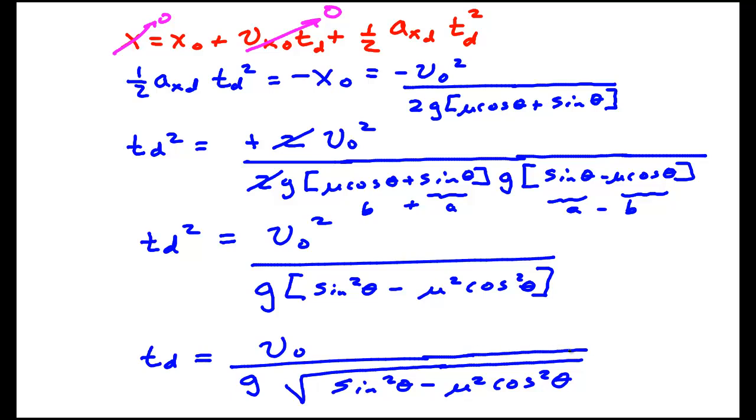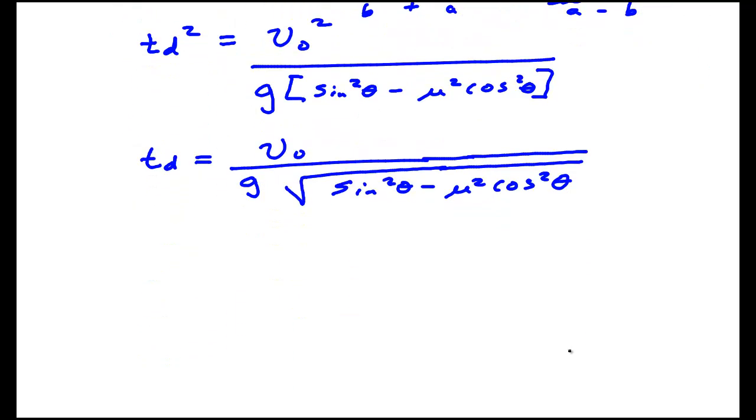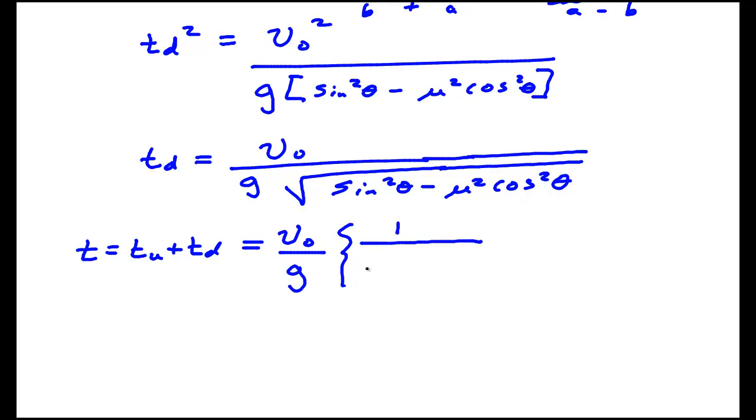Now to find the total time, we have to add the time down to the time up. So T is TU plus TD. Both of them have this term V naught over G. The first one has the term sine theta plus mu cosine theta.